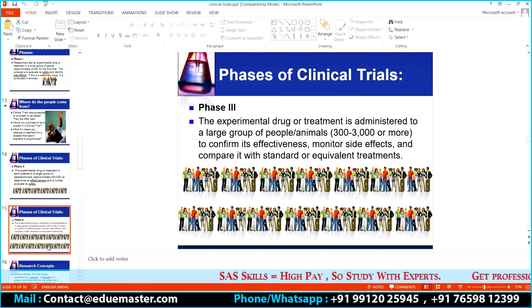What do you mean by the standard or equivalent treatment? There is already an existing treatment available. There is already one drug available in the market to cure this particular disease. People are using it, right? So when I compare with that particular drug, how efficient is my new drug?